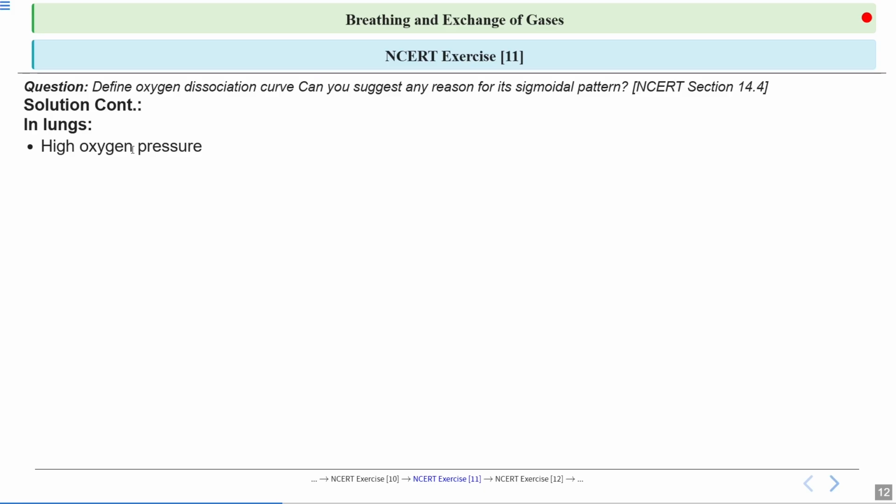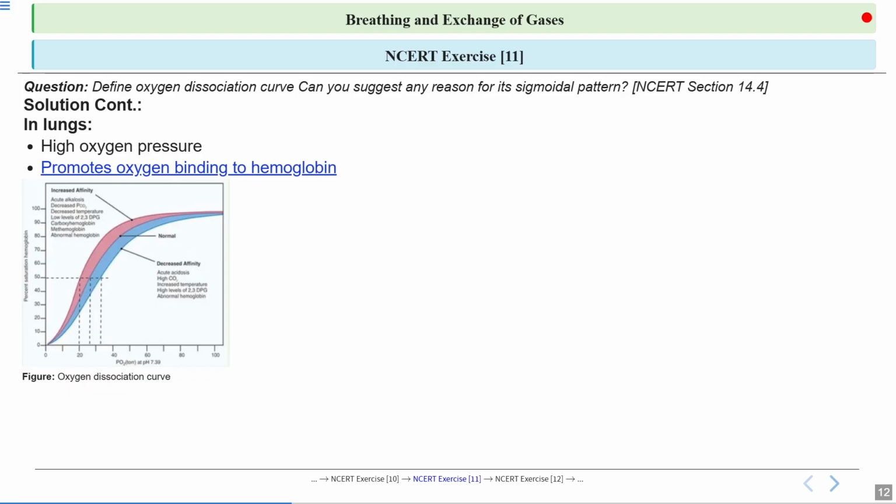So what happens in the lung region? First of all, let us see the high oxygen pressure, because what is there in the alveoli? A very high percentage of oxygen, right? So the partial pressure of oxygen is high in the alveoli.